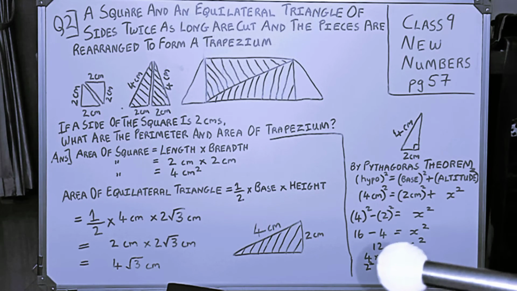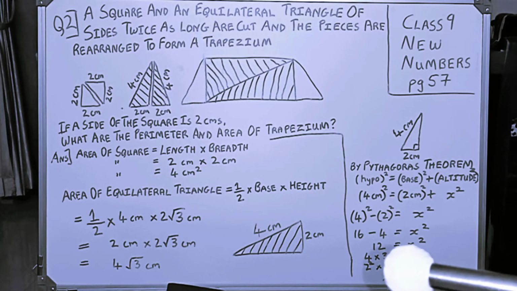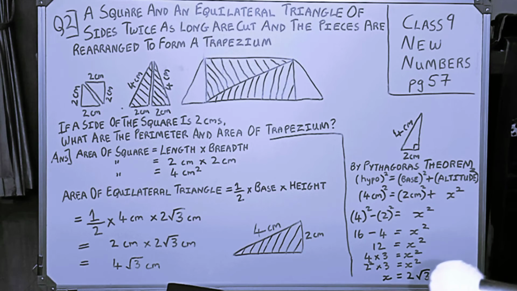The square root of 2 square will become 2 itself, and root of 3 will become root 3 itself. So that is how you got x is equal to 2 root 3 centimeter.